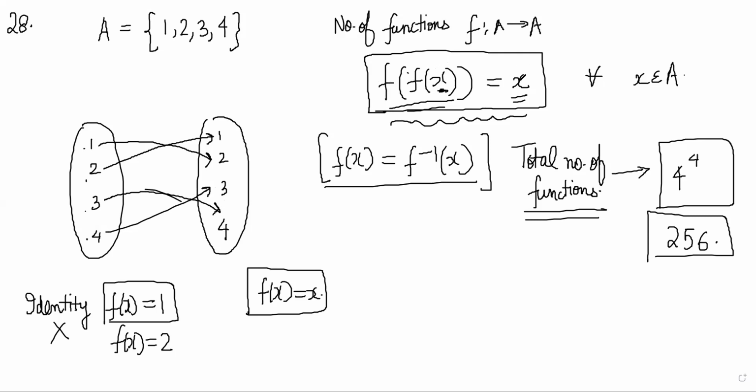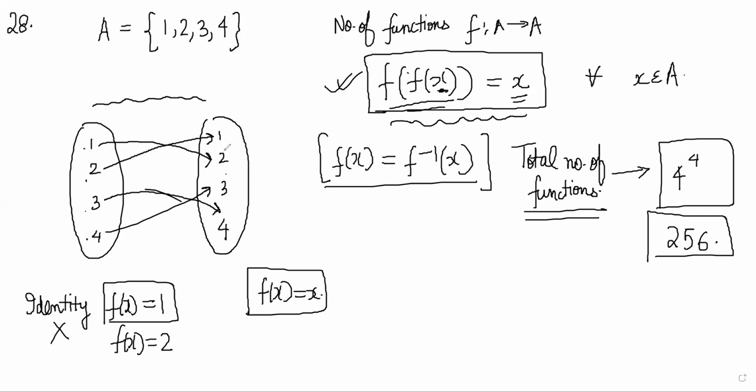So it is satisfying. For x is equal to 2, f of 2 is 1 and f of 1 is 2. This function satisfies, no? This drawing that I've drawn. You understand? This is a type of function that will satisfy this relation, right?